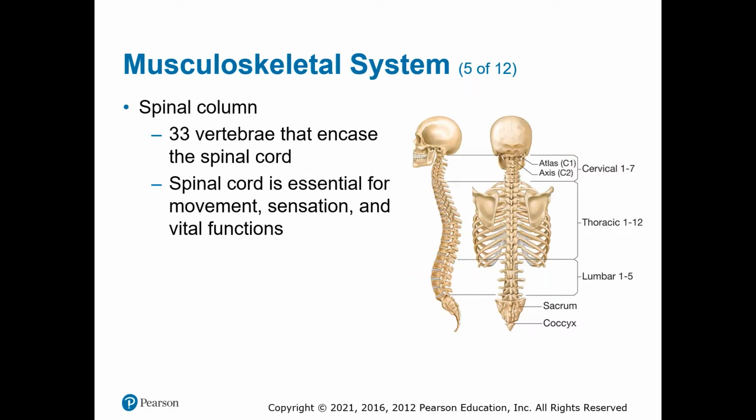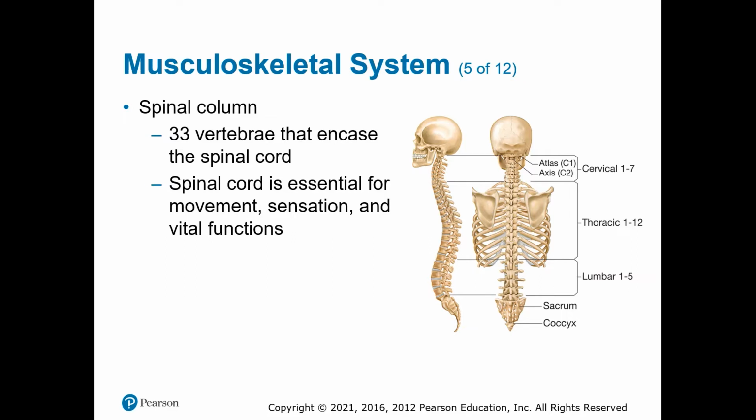In your spinal column, you have 33 vertebrae that encase the spinal cord. That spinal cord is what sends all of the signals from the brain to the body and from the body to the brain. It's like a major interstate highway, where it all converges into the spinal cord, and it sends all of those things back up to the brain.